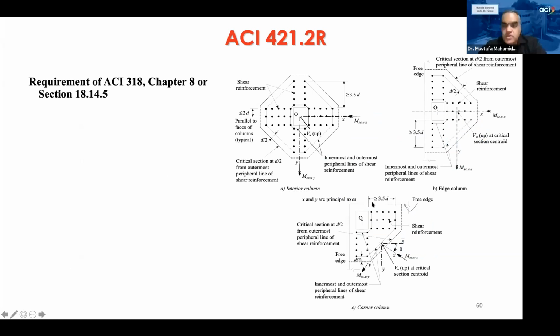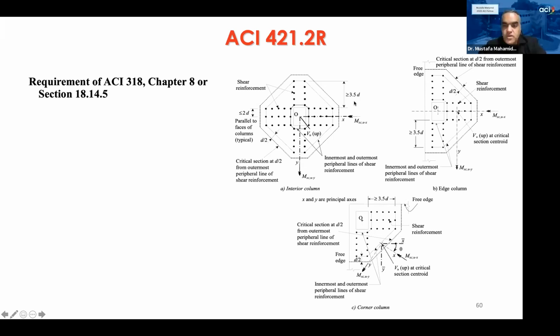You can see that it is greater than 3.5D in each direction. The vertical section is D over 2, and the spacing between them, that's the applied moment here in X and Y, and that's the direct shear. Here this has to be less than or equal to 2D for the spacing. Again, this is the extension.